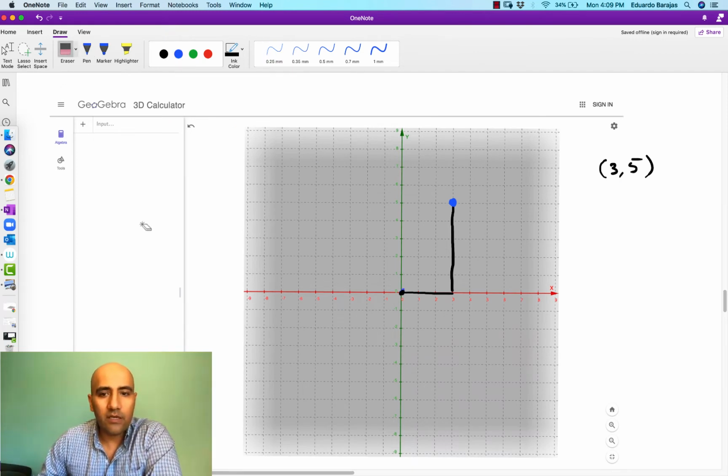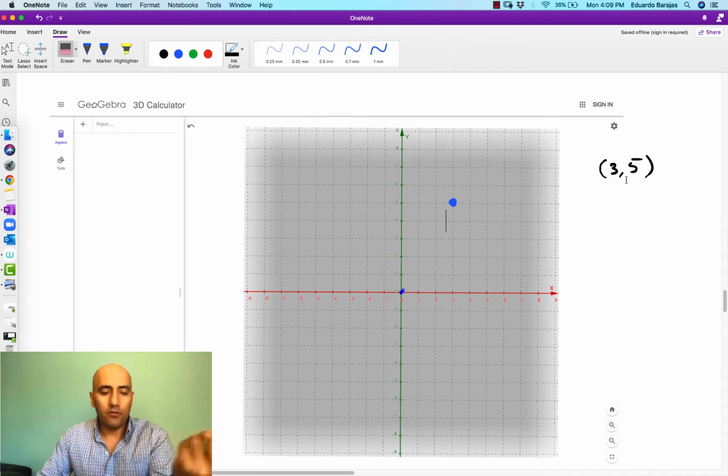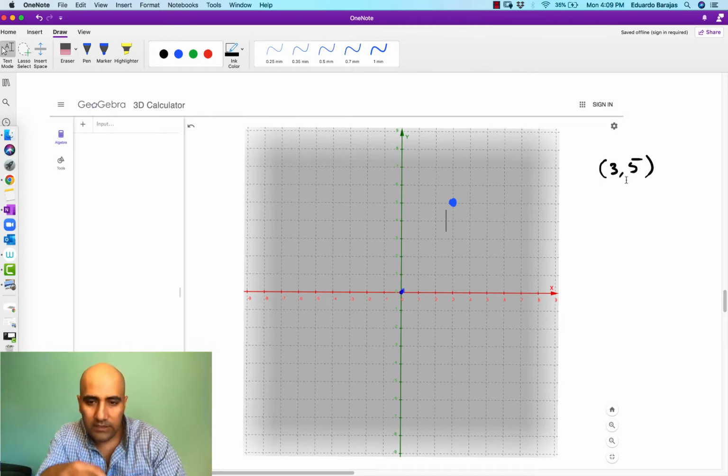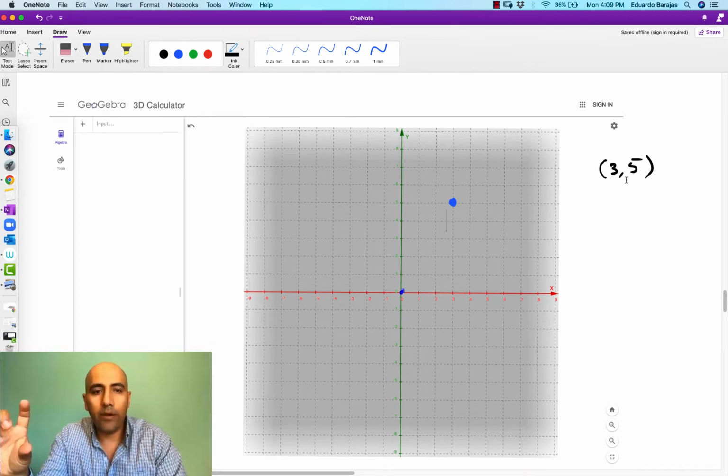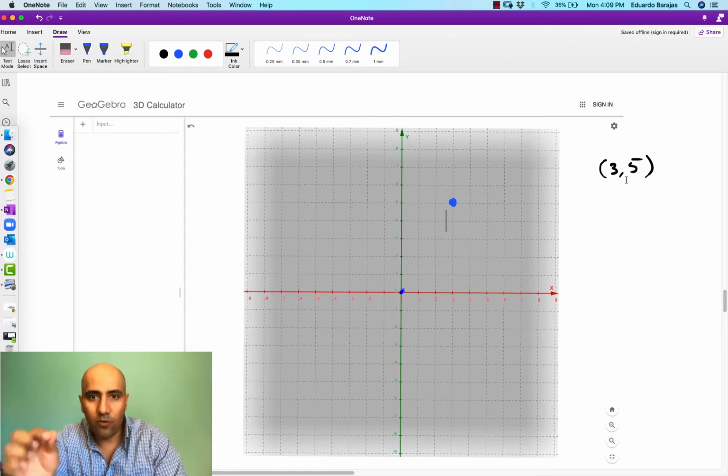So once we get there, we would come back over here and erase the path to it and simply point out that that individual dot there is the point 3, 5. So likewise, when we're working with 3 dimensions, there are all these lines that lead to that point, but then we're supposed to ignore the path and just focus on the fact that that point there is the point that we're graphing.